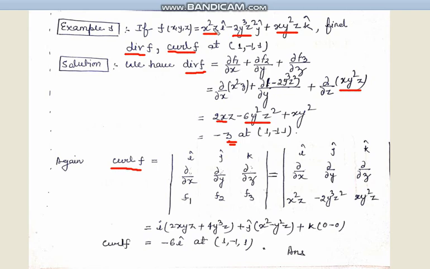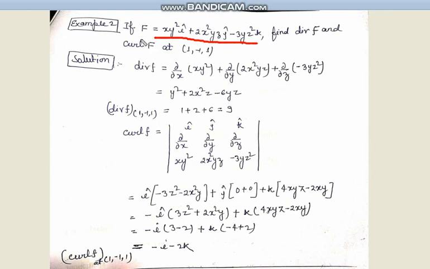Now f1, f2, f3 are x²z, then −2y³z², and then xy²z. Now we will find its determinant by expanding it along the first row, and we get these values. After putting x, y, z equal to 1, -1, 1, we get the desired result, that is −6i.